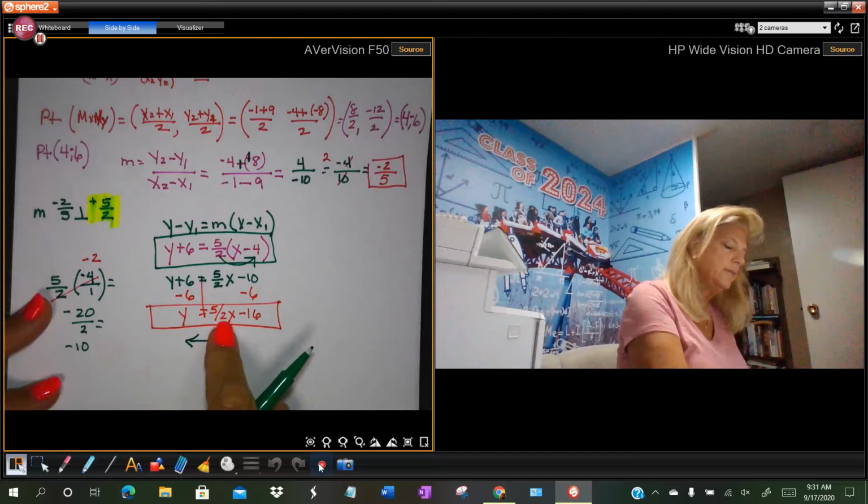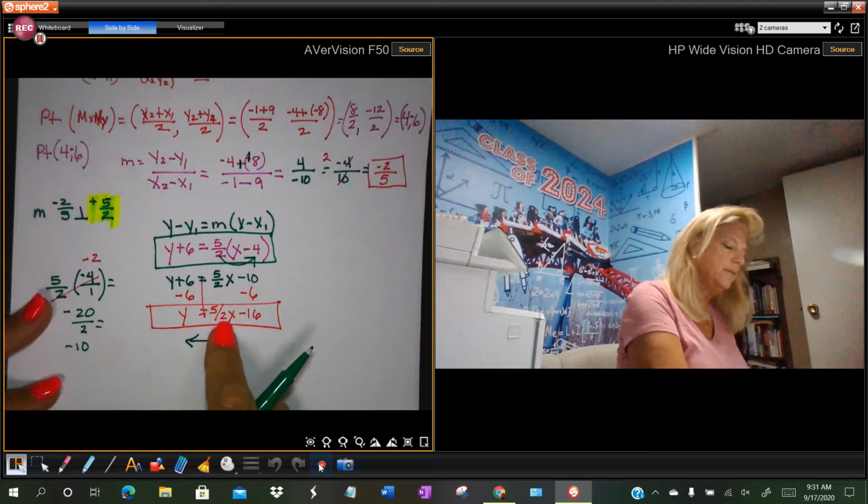These two cancel out. They simply get -5x. 2 times y is 2y. And don't forget the 16. 2 times -16 is -32. Almost done. Actually, we are done.